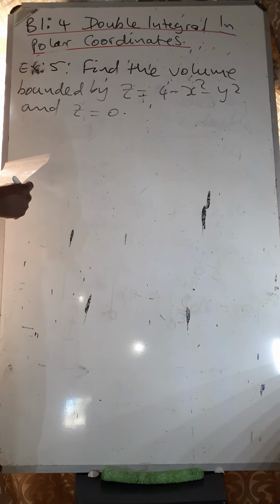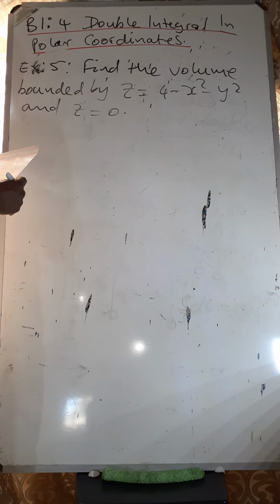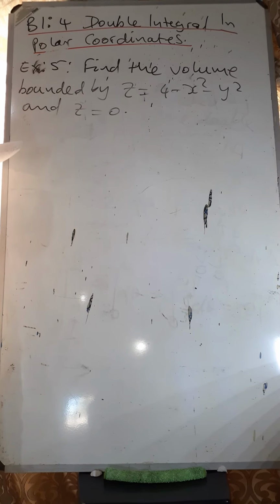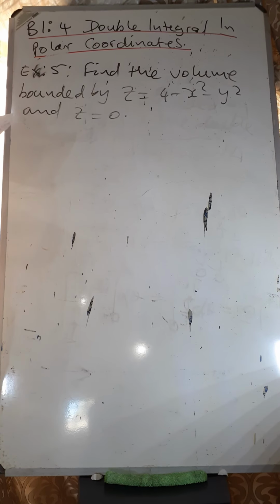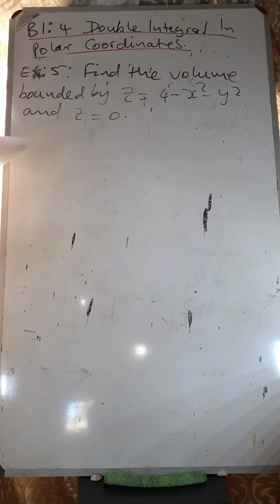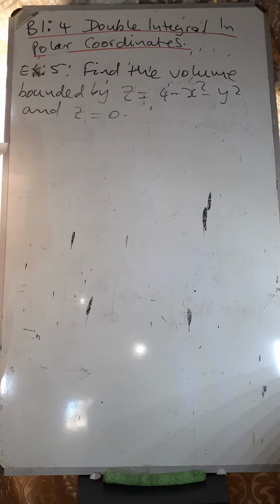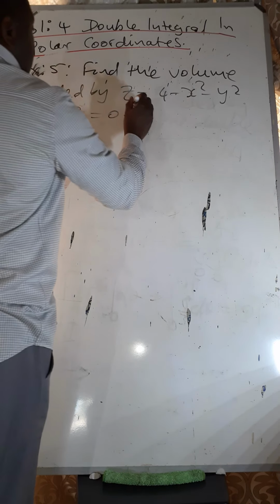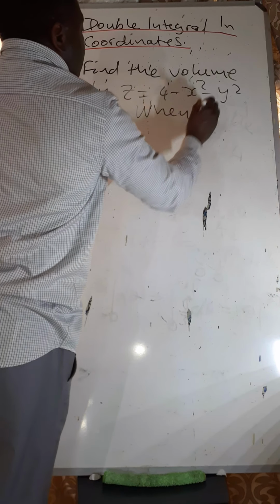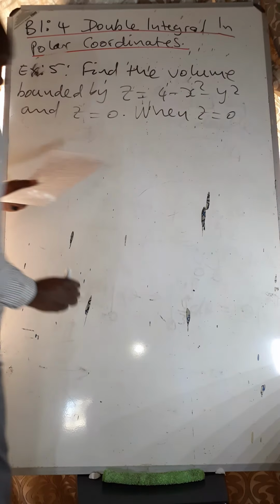Okay? Find the volume bounded by z is equal to 4 minus x squared minus y squared, and z is equal to 0.